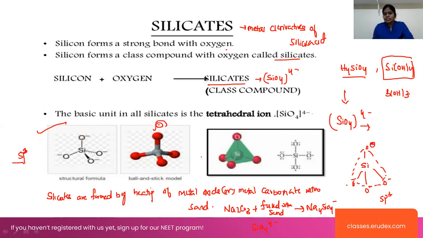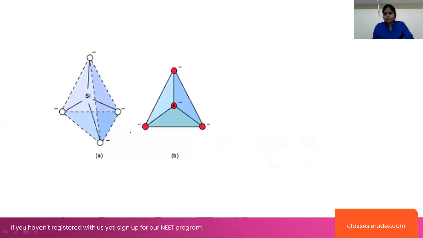Then we have to mention the top view representation. We take Si with oxygen minus at each corner. Seeing from this direction, this oxygen and this silicon are visible, but not this oxygen. So we write oxygen as a complete circle and the silicon with a dotted circle, and the oxygen with negative charge.